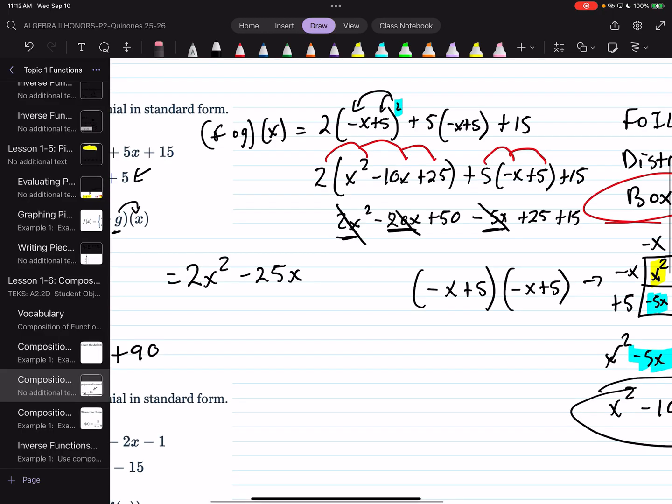So they're done. Now, are there any constants besides this one? Yes, the 50, the 25, and the 15. Adding them all up together gives me positive 90. And there, everybody, is how I compose both of those functions.